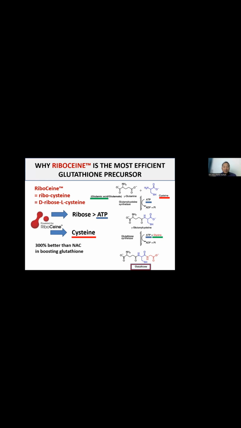And you can see on your right the synthesis of glutathione using the cysteine that is provided by RiboCeine and the glutamic acid and the glycine coming from the diet. The whole process requires ATP. So you can see at least both parts of the synthetic process require ATP. So since RiboCeine provides ATP, then the synthetic process is very much enhanced.